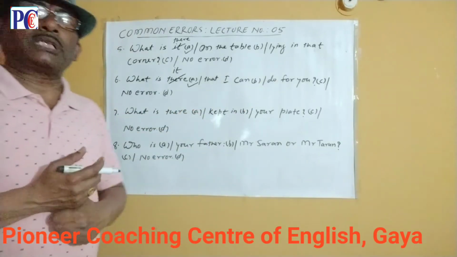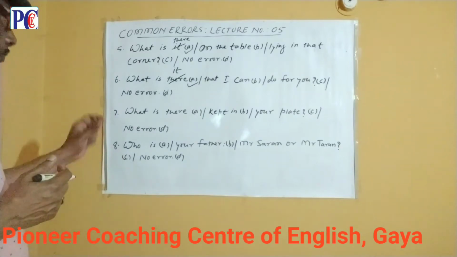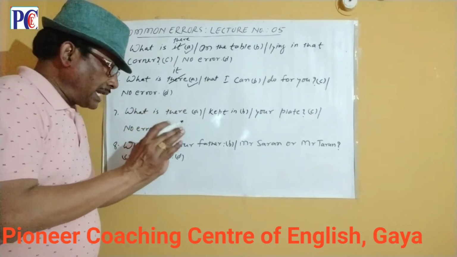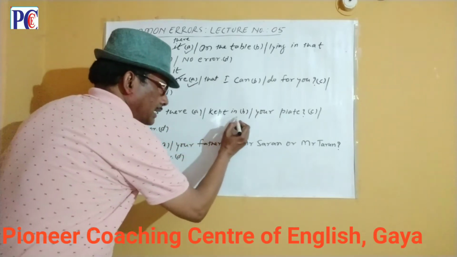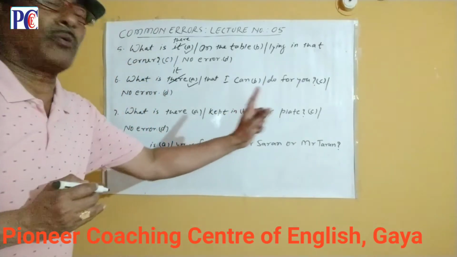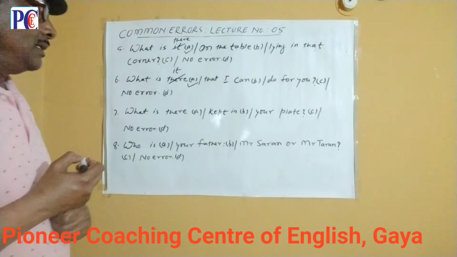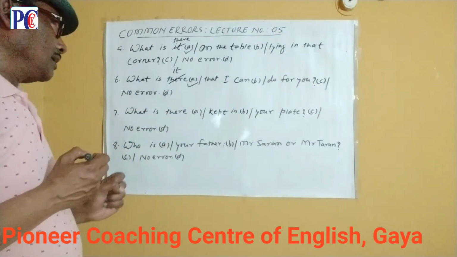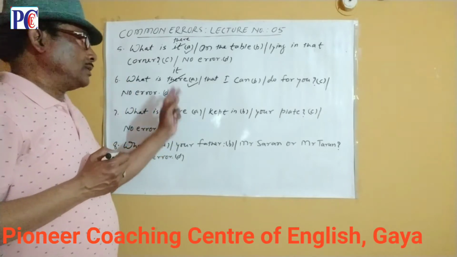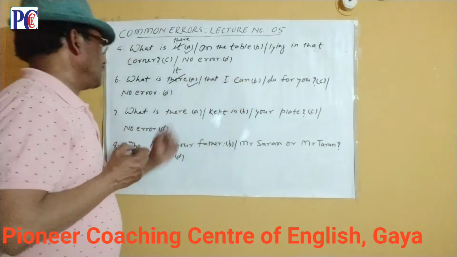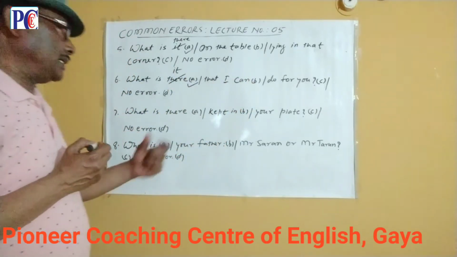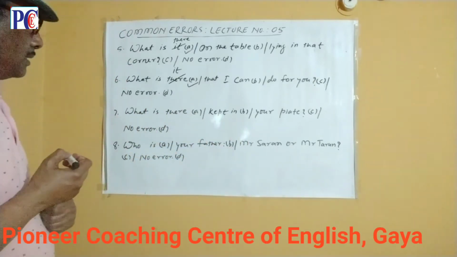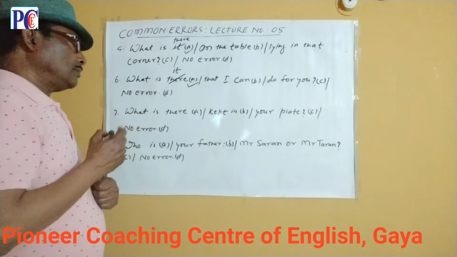Similarly, in question number 7, what is there kept in your plate? The dummy pronoun there in part A is not correct, as it is followed by an adjective phrase, kept in your plate. So when the antecedent is required for an adjective clause as in question number 6 or an adjective phrase as in question number 7, we always use the dummy pronoun it.